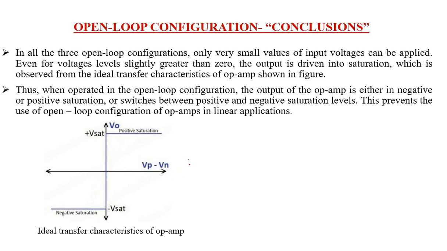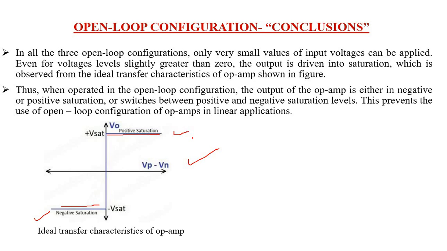Shown in the figure, this is the ideal transfer characteristic of the operational amplifier. You can see that around 0 input voltage, the output goes to positive saturation as well as negative saturation. Thus, when operated in open loop configuration, the output of the operational amplifier is either in negative or positive open loop saturation state.